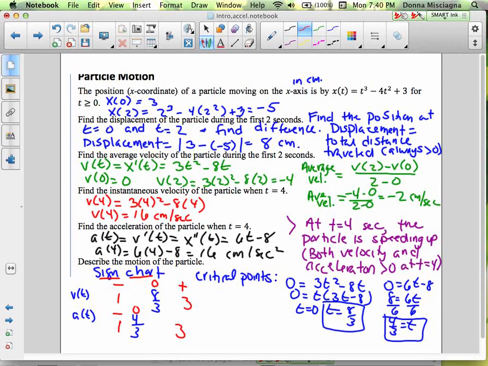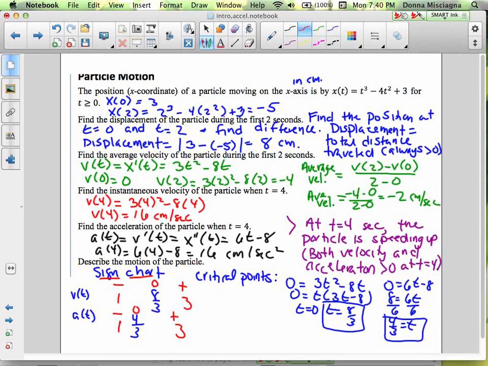So look at that. We are always speeding up, aren't we? Except, of course, at our critical points, because there we are at 0. That's kind of interesting. No slowing downs on this one, just speeding ups. Let me just make sure. Yep. Just speeding ups.